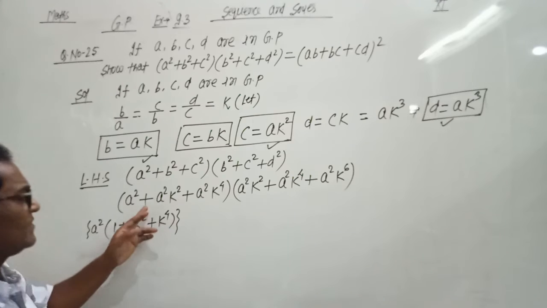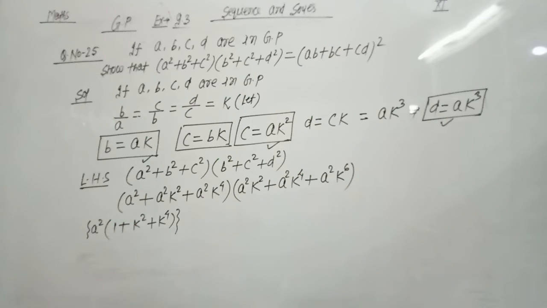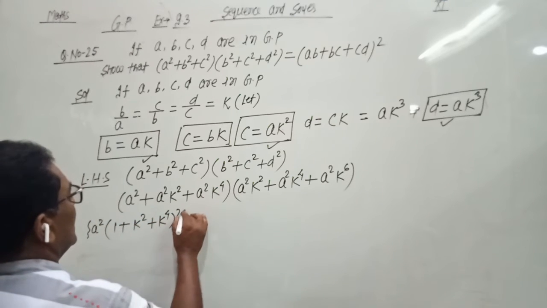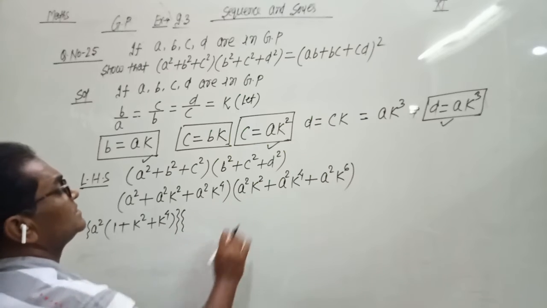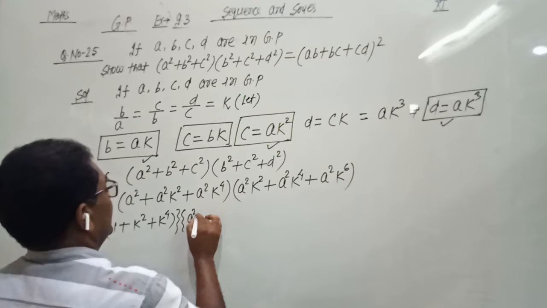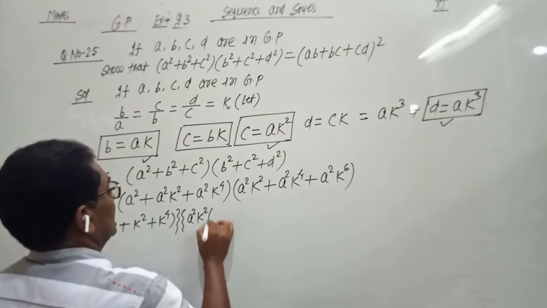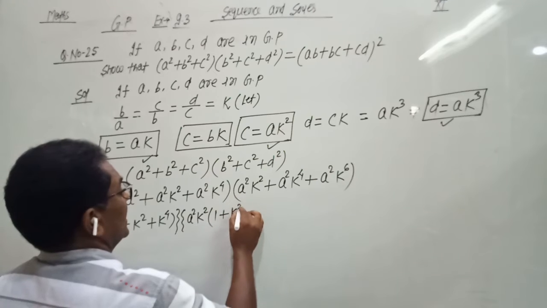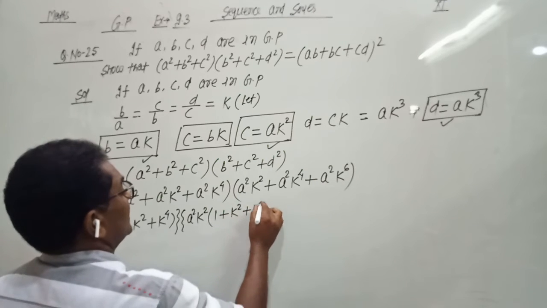And from the second bracket, A square into K square is taken common, then we get 1 plus K square plus K raised to the power 4.